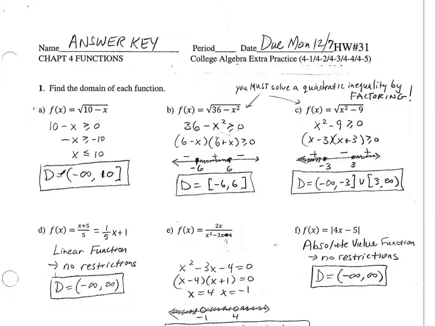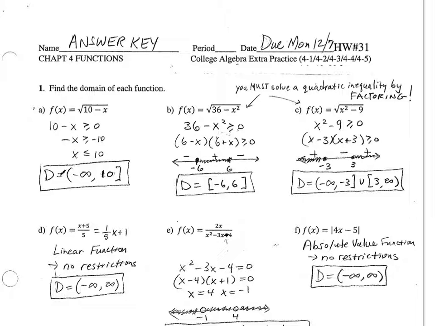In part C, we'll also set what's under the radical greater than or equal to 0. Again, we have a quadratic inequality to solve, so we will factor it, getting the zeros to be -3 and 3. Again, doing a sign diagram, testing a point in the interval to the left of -3, the product will be positive. Testing something in here like 0, the product will be a negative times a positive to get a negative.